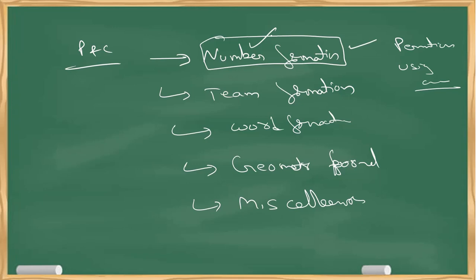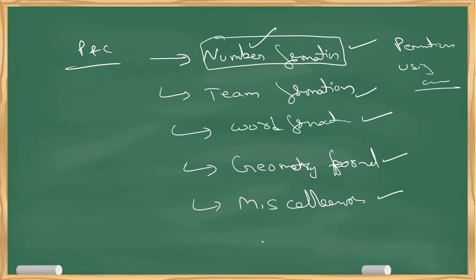In the upcoming videos, we'll be discussing what questions they ask in team formation in permutation and combinations, and word formation in permutation combination, and what the geometry figures are and how they ask questions on permutation combination, such as number of sides, number of diagonals, and so on. And finally, the miscellaneous one is a vast area where you can't predict any particular thing.